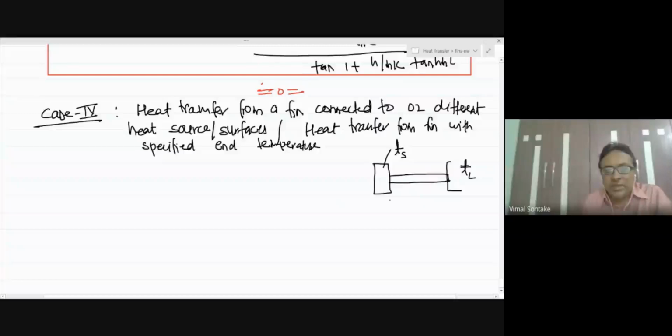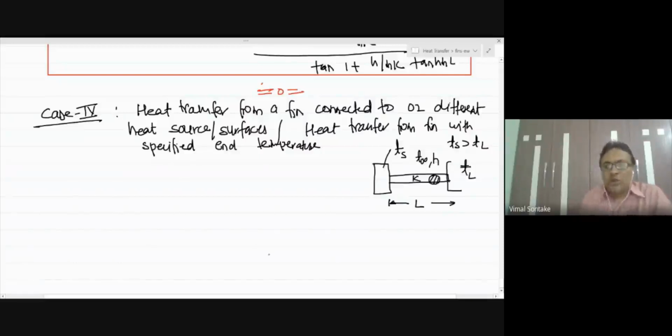The fin is of length L. Here I can say Ts is greater than TL. Thermal conductivity of the fin is K. Its cross section is, let's say, circular. It is exposed to the fluid having temperature T infinity and convective heat transfer coefficient h.